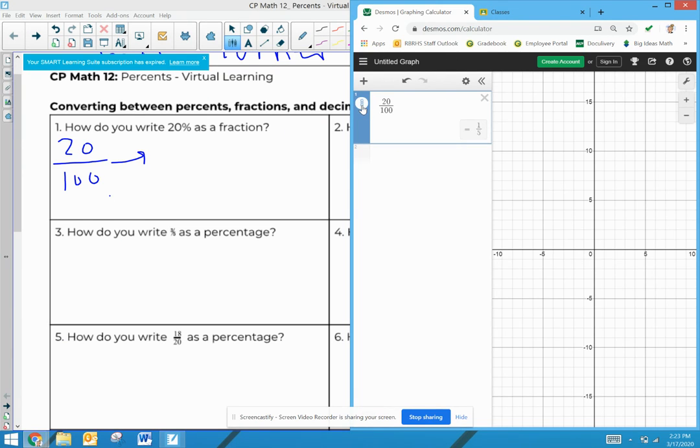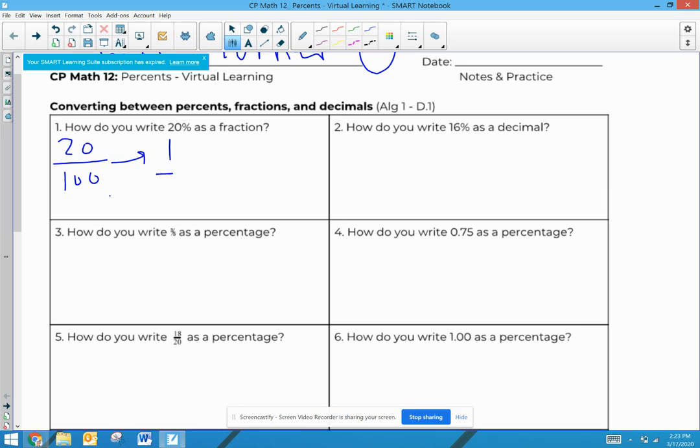It gives you a decimal. And then all you do, instead of pressing enter, you just press this button right here. And it reduces it to 1/5. Okay? So 20% is equivalent to 1/5. Yay, first one done.